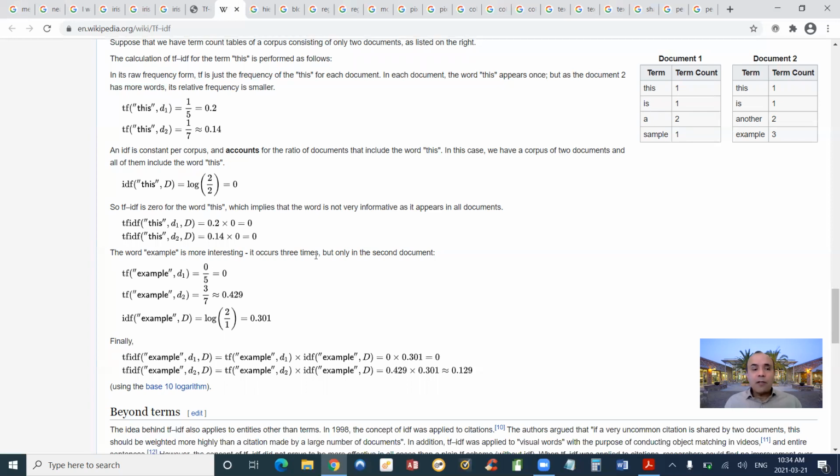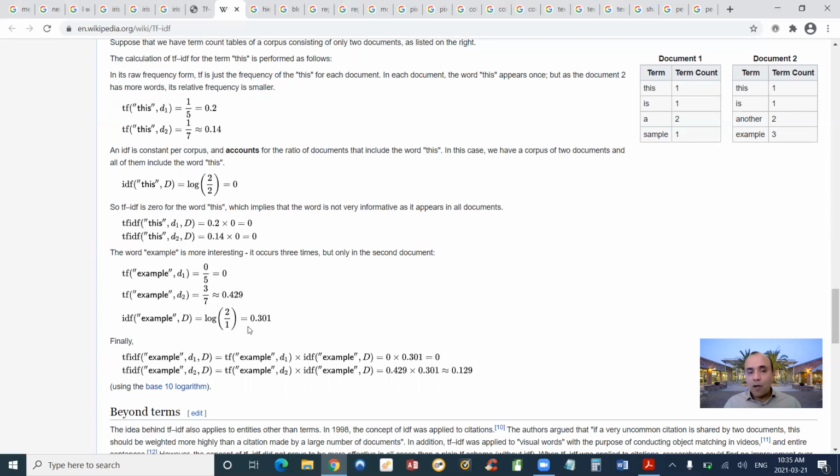Now, if I wanted to take a look at example, in D1, of course, I don't have any. So the occurrence of example in document 1 is going to be 0. The occurrence of example in document 2 seems to be very significant. 3 divided by 7, 0.429. And if I wanted to find the IDF, you have 2 documents, and only in one of them you had seen example, and that's why I wrote 1.